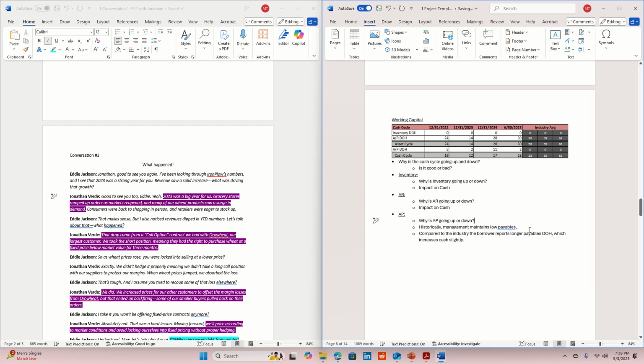So as far as the impact on cash, management maintains low payables, although it is not common in the industry to do so.